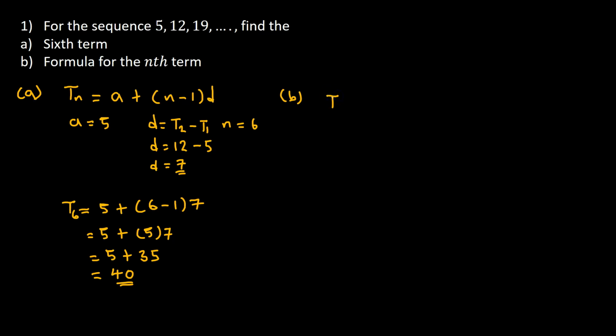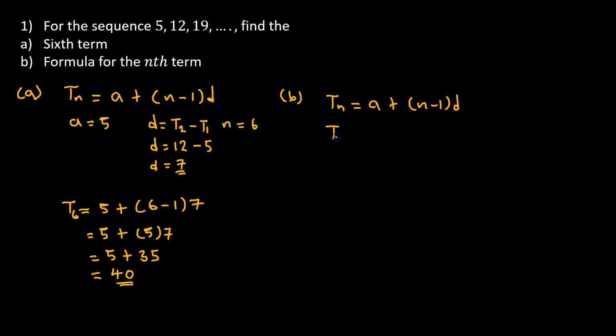In order to find it, let's write the formula first: Tn equals a plus (n minus 1) d. What we will replace is just a and d, and where there's n, we won't put anything there.